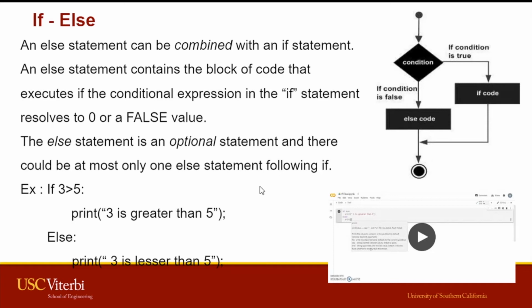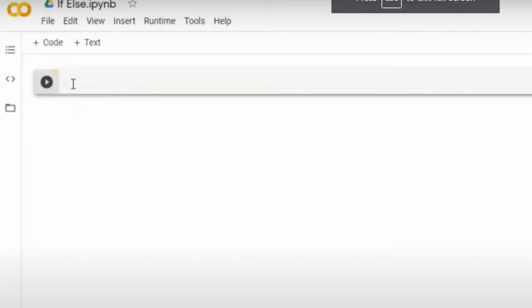Now, we know for a fact that 3 can never be greater than 5. Hence, our if statement is invalid here and the block of code under it is ignored. We come to the else part and it gets executed. Now let's also see how it gets implemented.